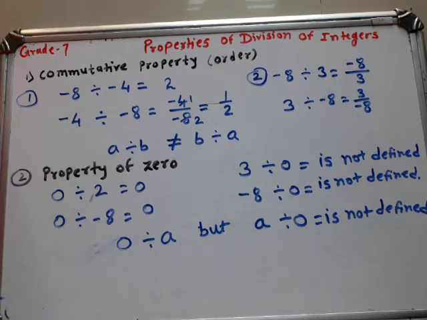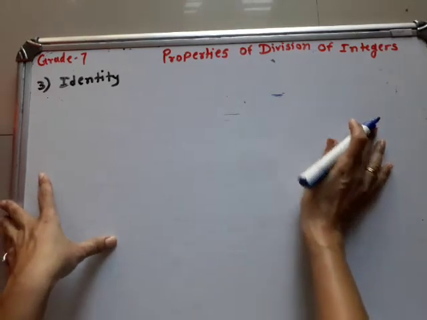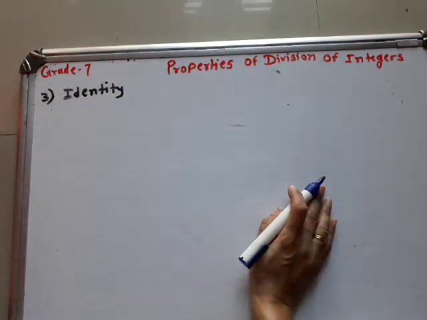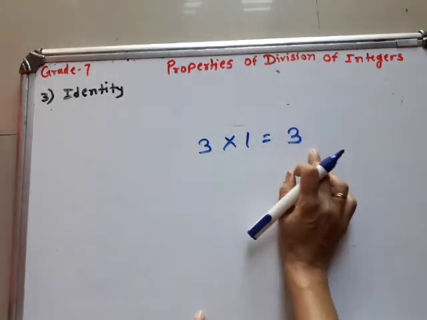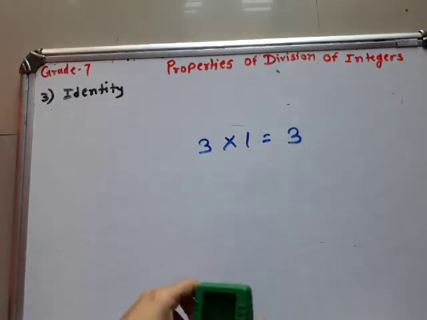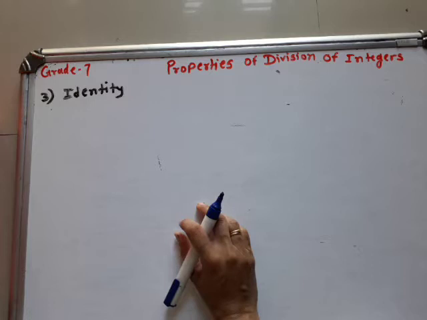Now the third property is identity. We get the same answer again when we multiply by 1; this is the multiplicative identity. 3 multiplied by 1 we get 3 again, 3 ones are 3. Now we check this identity for division. When we divide a whole number by 1, it gives the same whole number again.